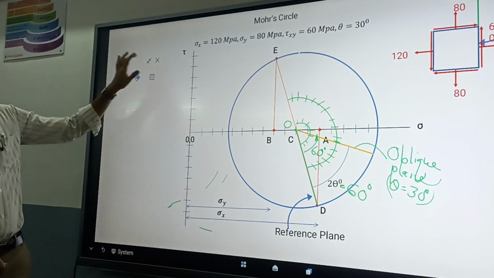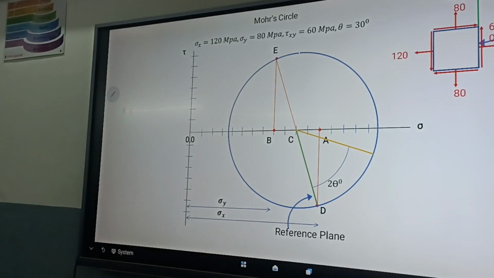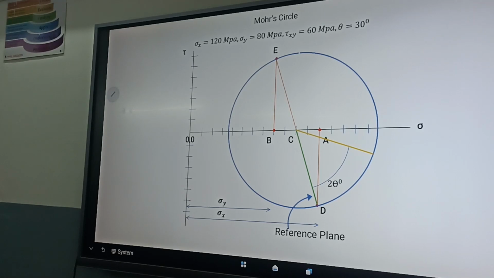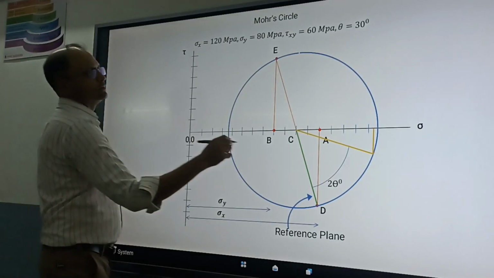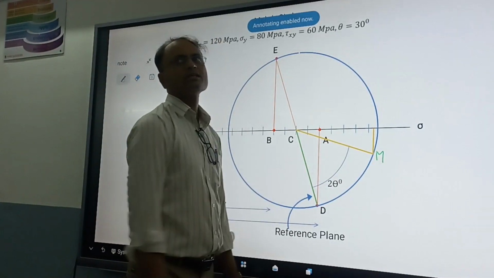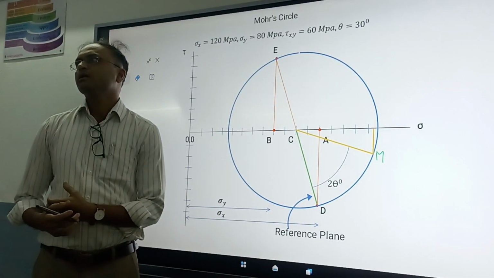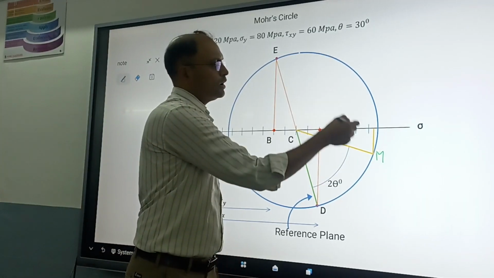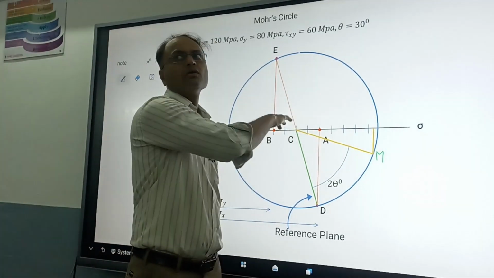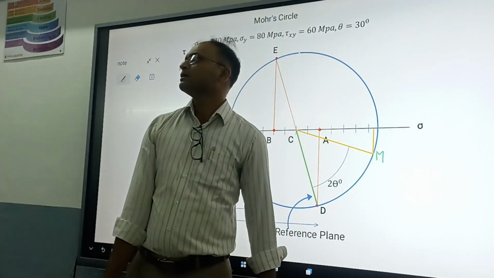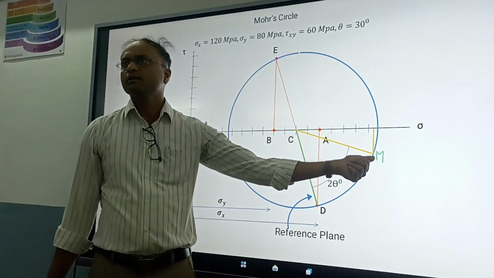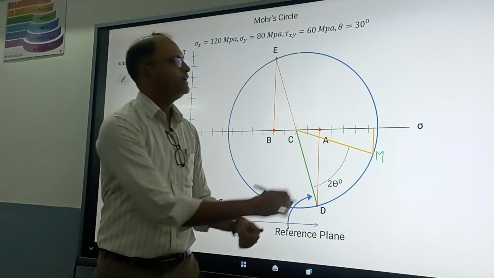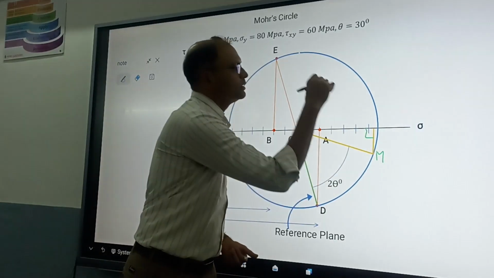So next, now from this point, A, B, C, D, let this point be M. Name this point as M. From here, draw a line perpendicular on the x-axis. From point M, draw a line perpendicular on the x-axis.